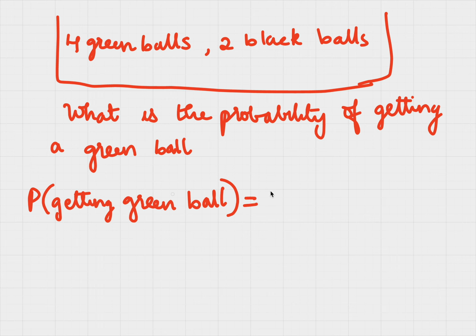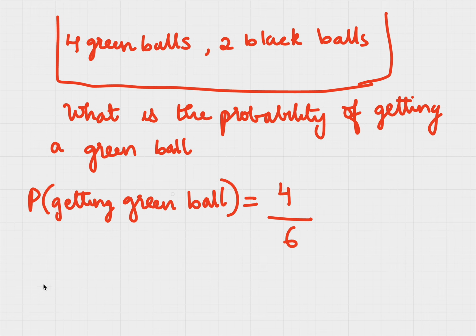The favorable outcome is the number of ways we can get a green ball, which is 4, by the total number of outcomes, which is 6. If we choose one among these balls, we have more chances of taking the green ball itself. So 4 by 6 is our probability.